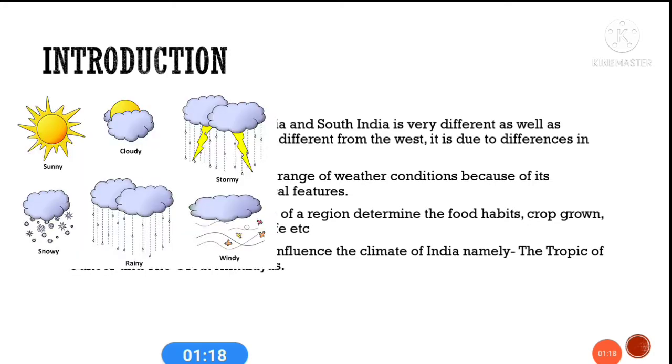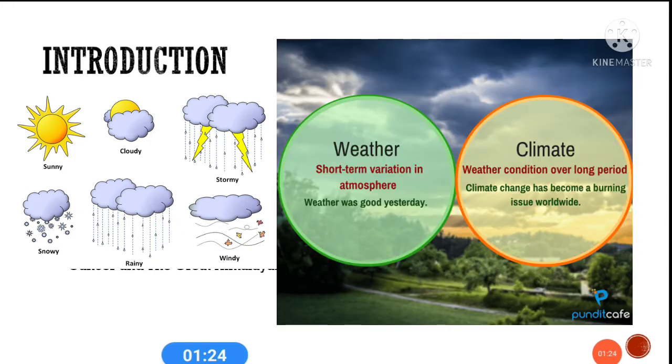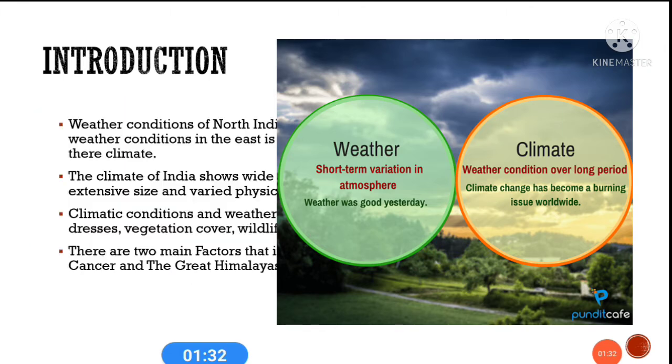I think by now you are much familiar with the terms weather and climate. Weather is the day-to-day atmospheric condition, whereas climate is the average of the weather elements for 35 years or more.